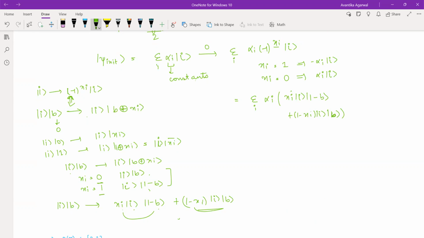So basically what we can see is now our state, so earlier all of our amplitudes were constants. And now the amplitude has actually become a polynomial in all of these Xi's, a polynomial of degree 1 in all of these Xi's.